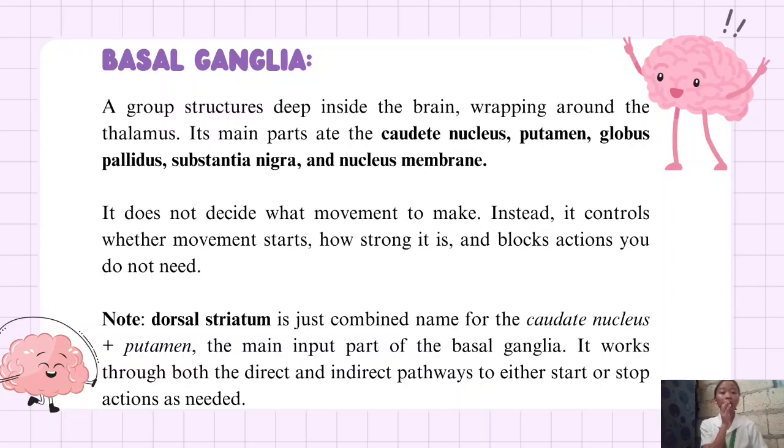Because if both move together, there is a possibility that you might knock over the cup of coffee or spill it. So that is the role of the globus pallidus, which is it inhibits unwanted movement. It controls or blocks unwanted movements.